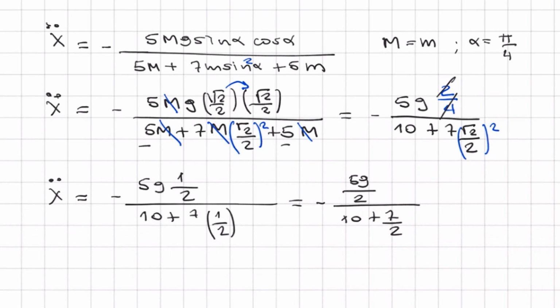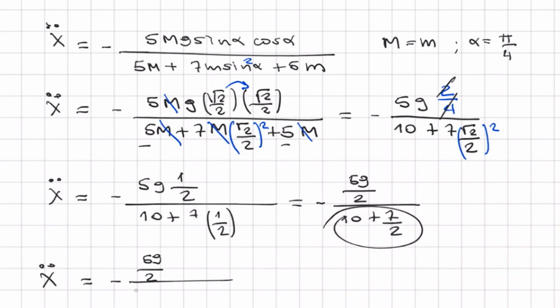Let's do this denominator, and we will have x2 dots equal to minus 5g dividing 2.